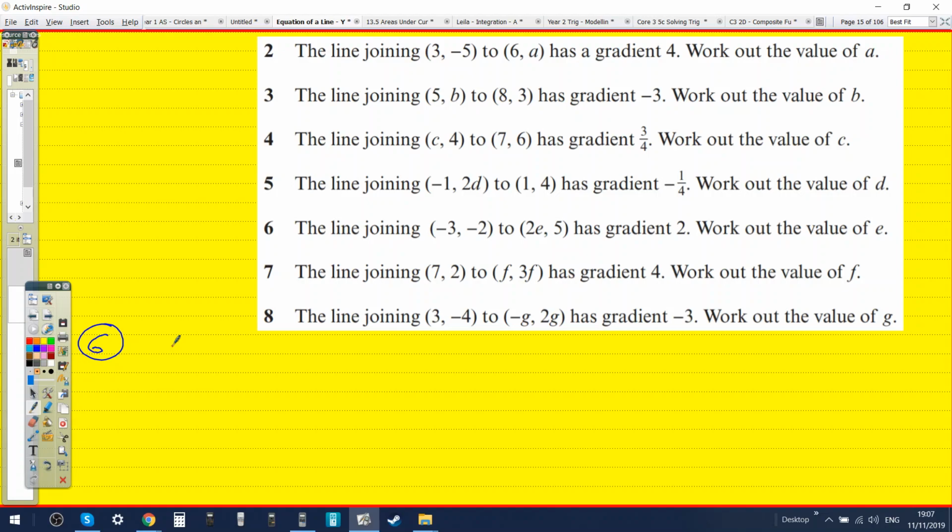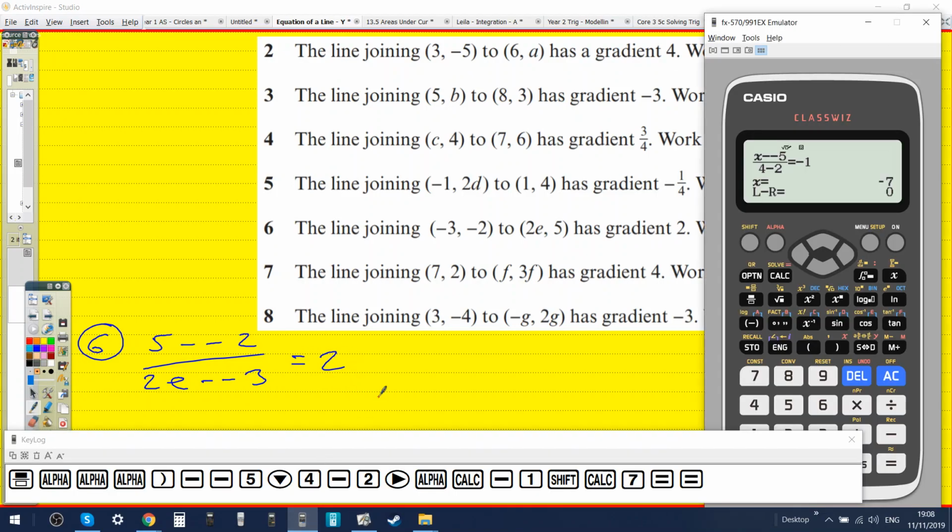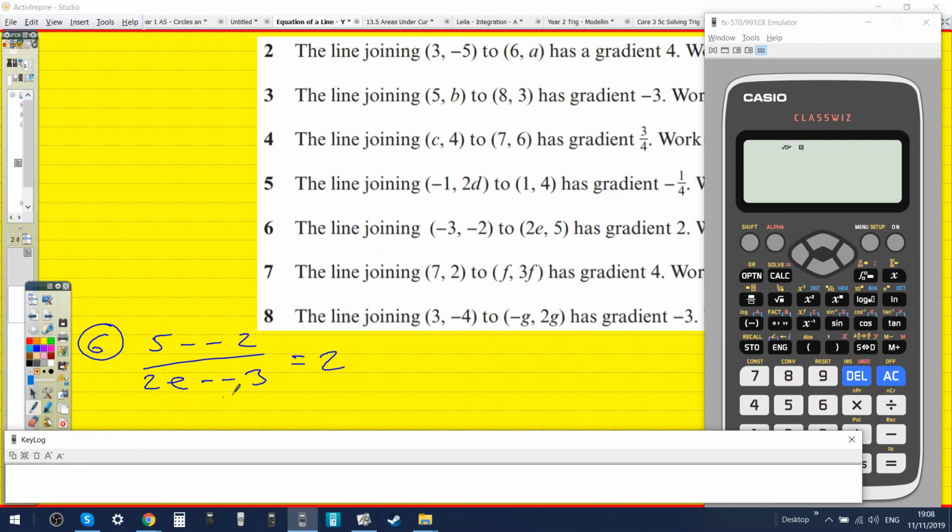So 5 minus 2 over 2e minus 3, and then equals 2, and then you do 5 plus 2 equals 2 brackets 2e.